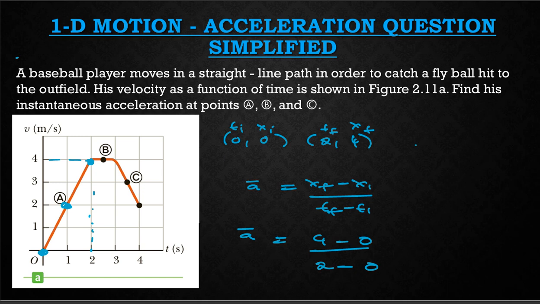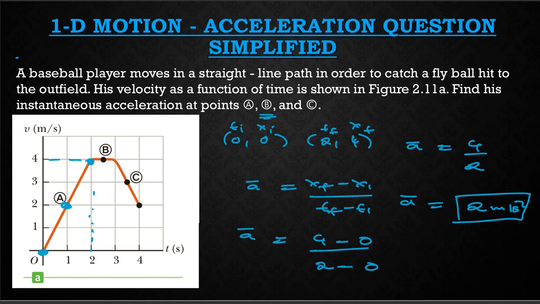This means we are having 4 minus 0 over 2 minus 0. Even without using a calculator, we can find it to be 2 meters per second squared there. You get that?